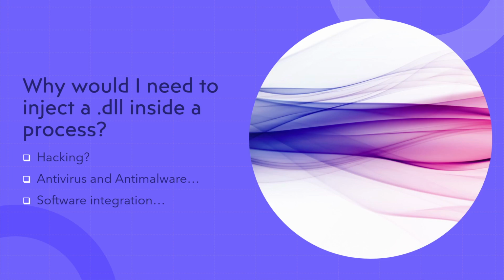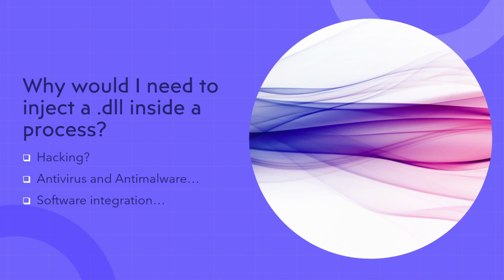Hooking means instead of letting the Windows API be executed, your own API is first executed, and then you give control to the original API. So for example, you hook the ShellExecuteExW API.